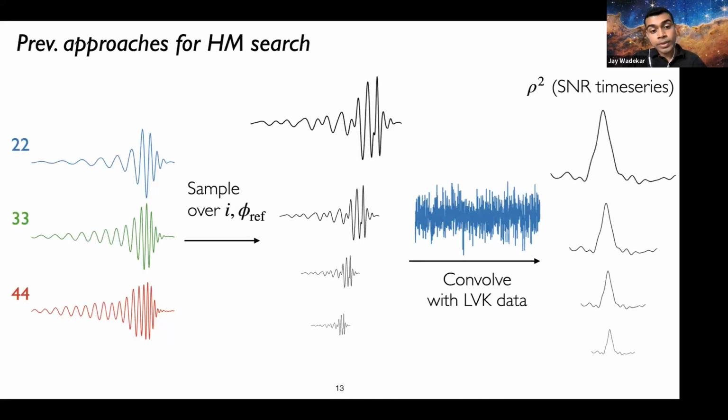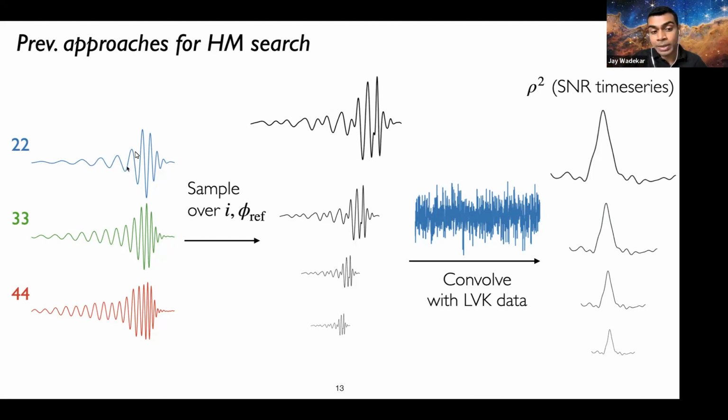Okay, so let me come back to this point of the computational burden that I talked about earlier. What previous searches have used is that when they make the template banks, they do a combination of this dominant quadrupole mode and some higher modes. For example, when you sample over the amplitudes and the phases of these modes, you can get different waveforms, and this is all combined in their template bank.